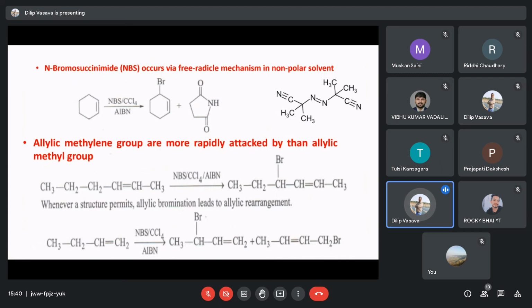Now this is one more oxidizing agent, NBS, N-bromosuccinimide. Again, in the presence of the double bond, it is oxidized. You can see that it is also oxidized, based on addition of an electronegative group.